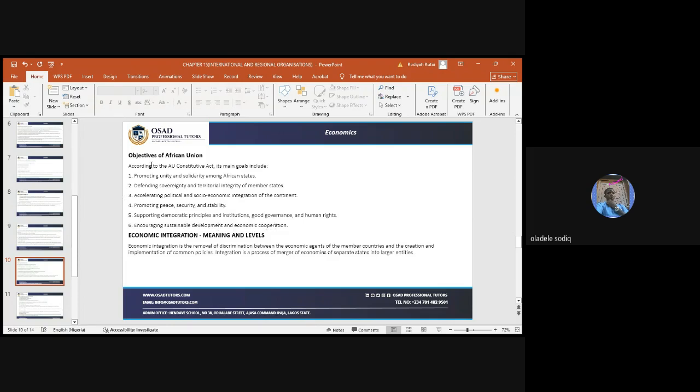All of these are what we classify as the objectives of the African Union. Is there any question so far? Is there any question before we continue?